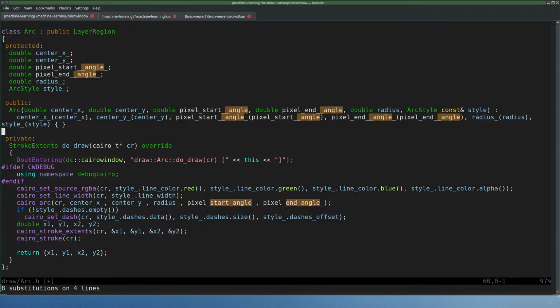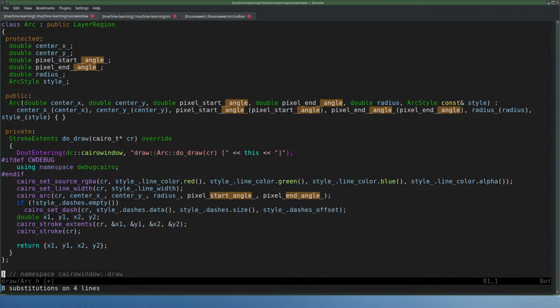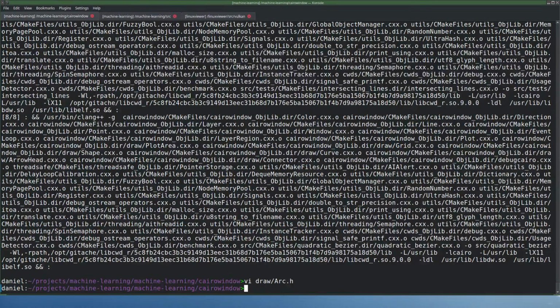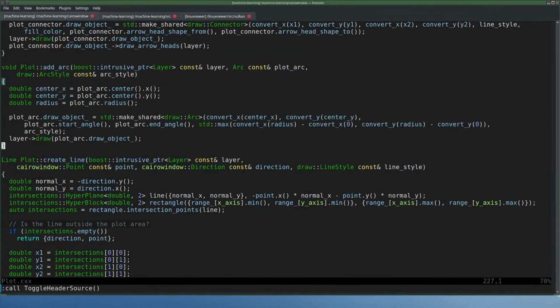Okay, and then we're constructing the draw arc. And that should be in plot, I suppose, or where? Plot, probably here. See, I'm having a conversion here, convert.